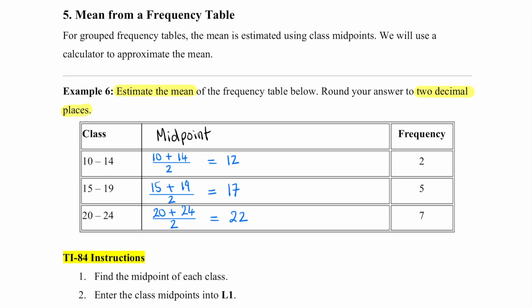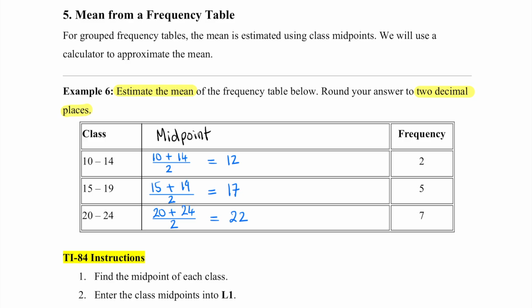Next, we are going to use a calculator to estimate the mean. The class midpoints will act as our x values because they represent the observations in each class. The frequencies tell the calculator how many times each midpoint should be counted.